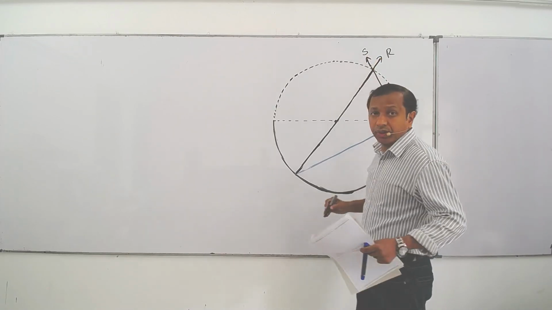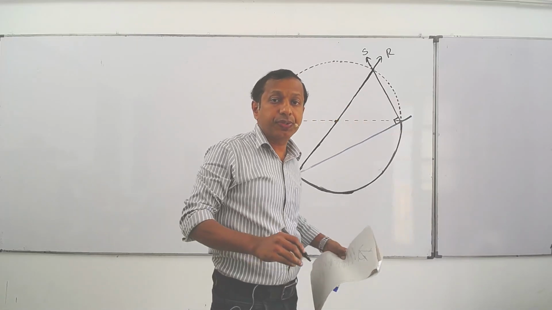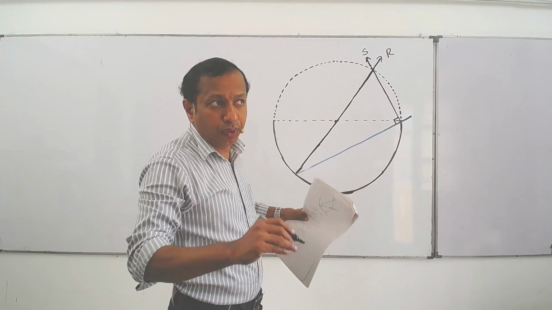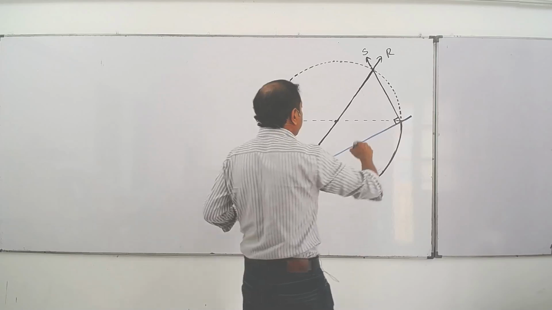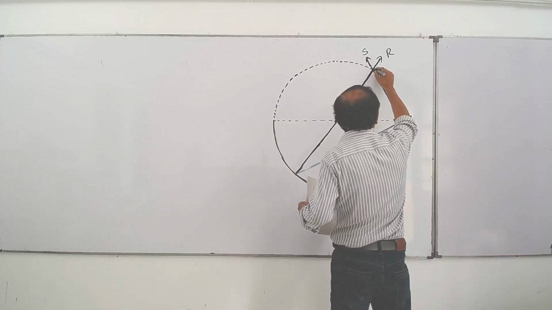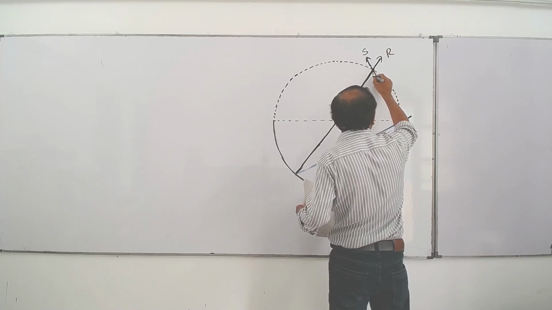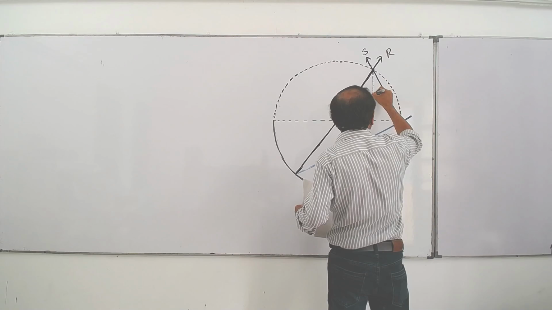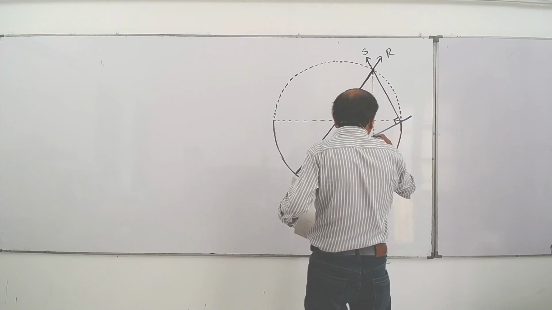The next force acting on the rod is its weight. So the rod is in equilibrium under the action of three forces. Therefore, the line of action of the weight should pass through the point of intersection of these two forces. So I draw it like this. This should be the center of gravity.